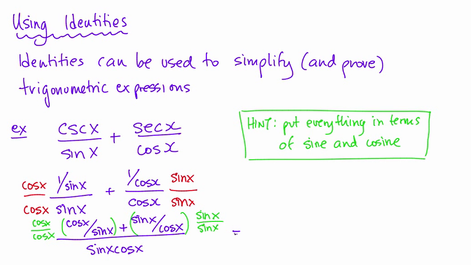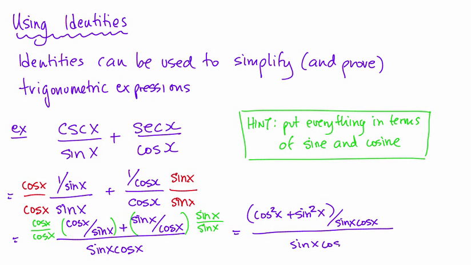And I'll just work across the page here. So these were equal to each other. And now on this numerator I get cos squared x, and that's going to be added to sine squared x. And all of that is divided by sine x cos x.